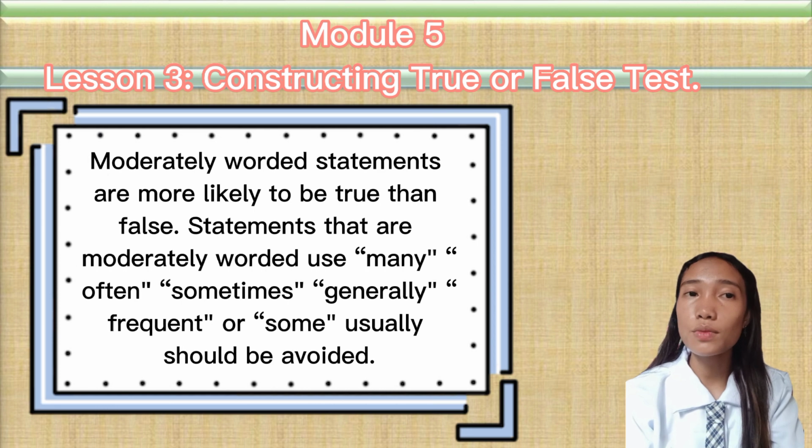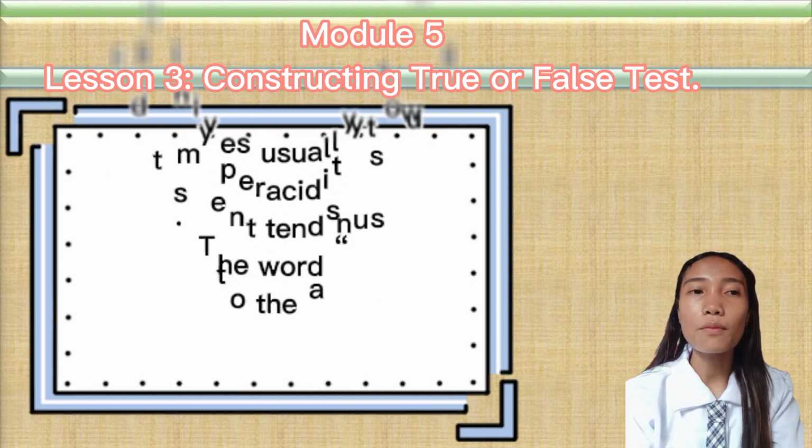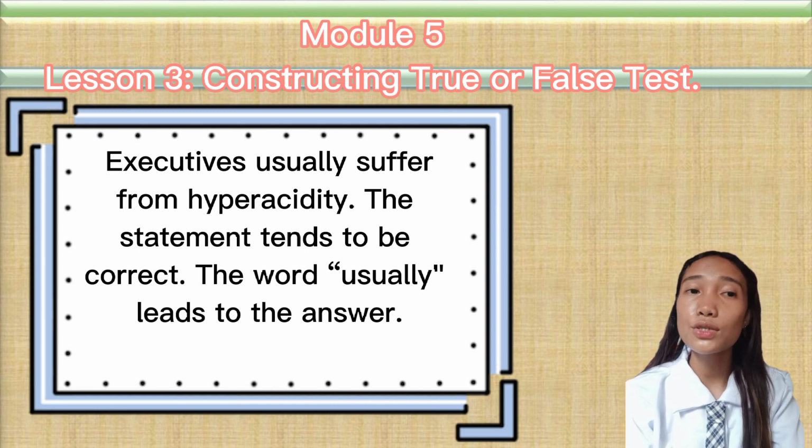Moderately worded statements are more likely to be true than false if the statements use many, often, sometimes, generally, frequently, or some. Usually should be avoided. Example: executives usually suffer from hyperacidity. The statement tends to be correct. The word usually leads to the answer.